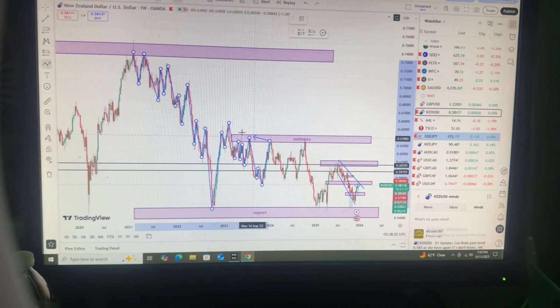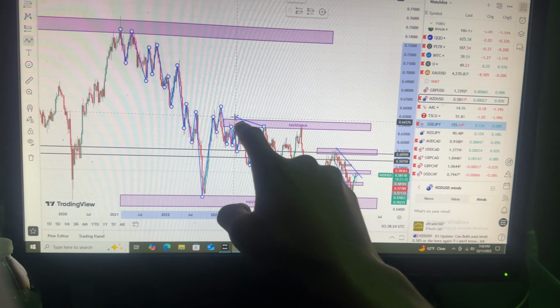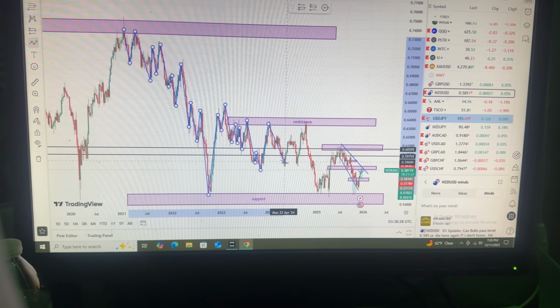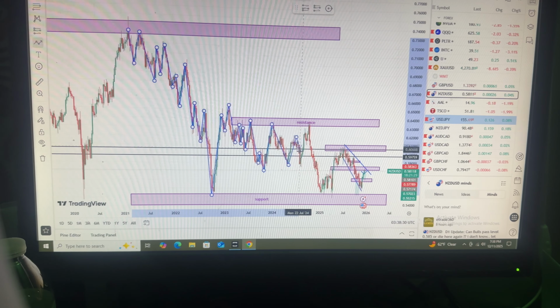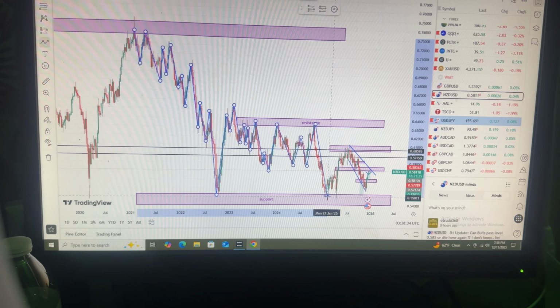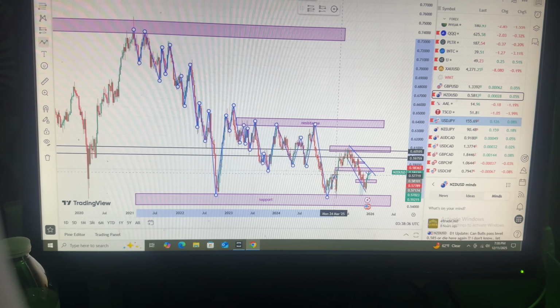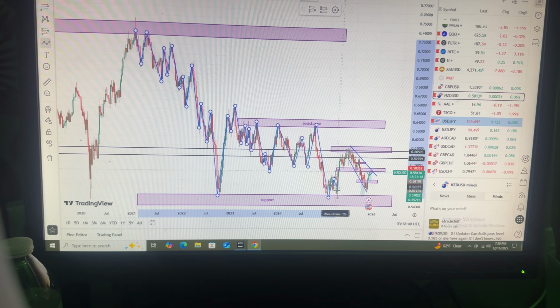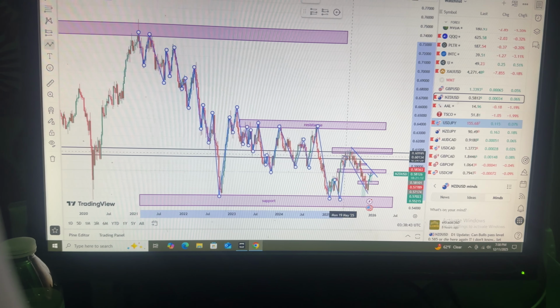This is the resistance zone. This resistance zone has been strong for a very long while, right? Then they keep making lower lows, lower highs, then another lower low at the bottom. It just keeps making these lower lows and lower highs.